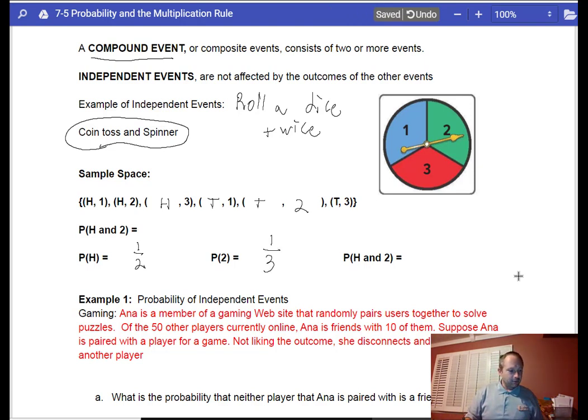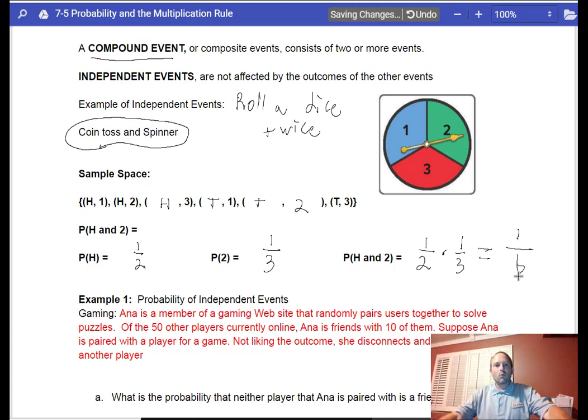Now, what we're going to do is figure out what that is. So one of the rules is we're going to multiply 1/2 times 1/3. And so when we're multiplying fractions, we understand that we multiply across. So 1 times 1 is 1, and 2 times 3 is 6.